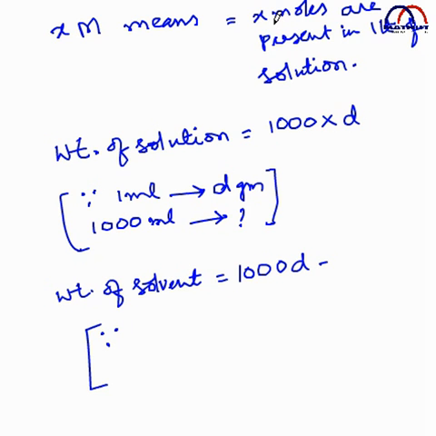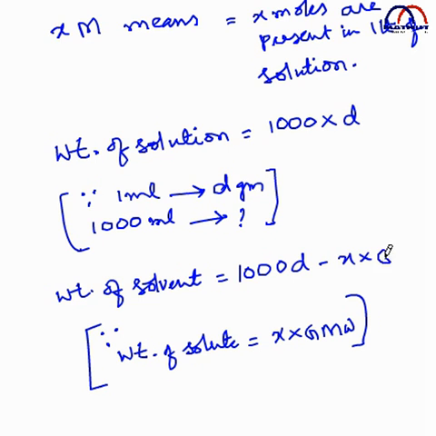X moles are present there. Then I can get that weight of solute is equal to number of moles into its gram molecular weight. We know already how to get the weight from the number of moles there. So here I am writing that X into gram molecular weight. This is the weight of the solution and this is the weight of the solute, and the difference between them is giving you weight of solvent there.